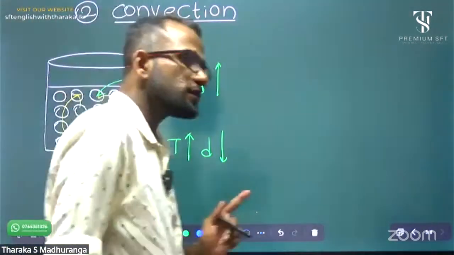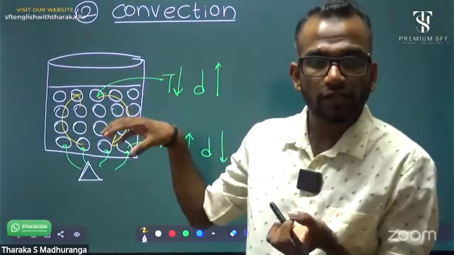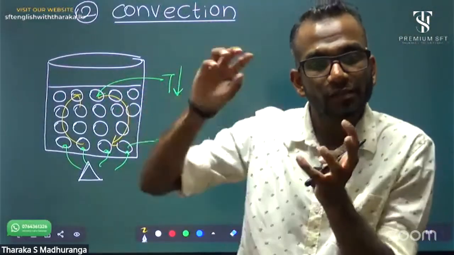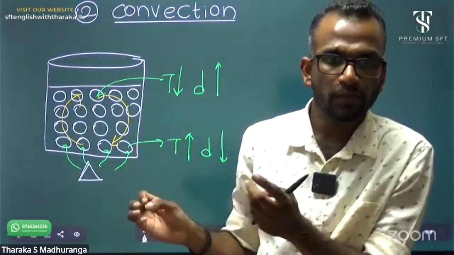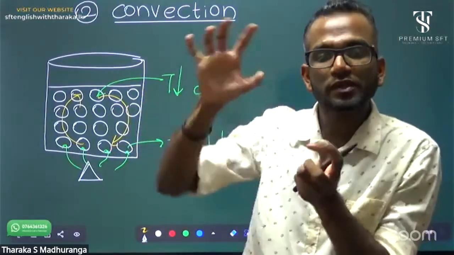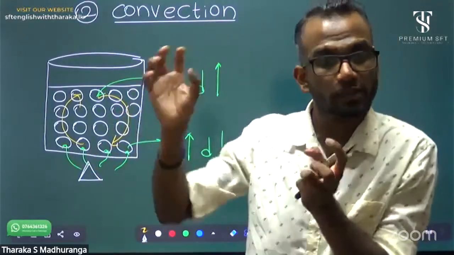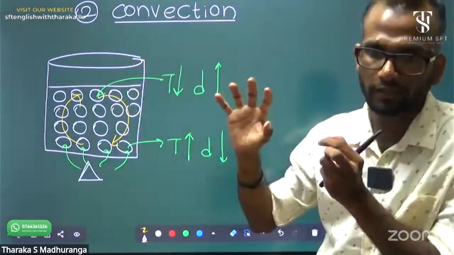The main characteristic is not like conduction. In the convection process, molecules have a net movement from one place to another place due to density difference. Due to density and temperature difference, molecules move from high density to low density.